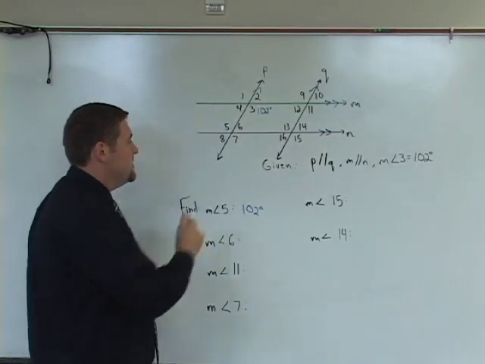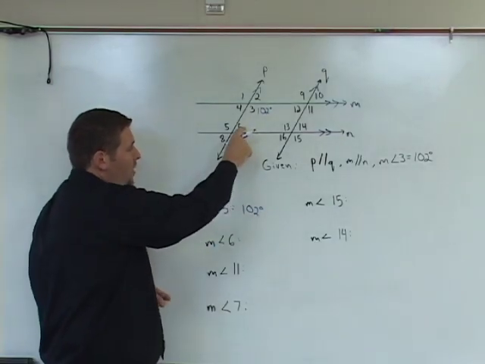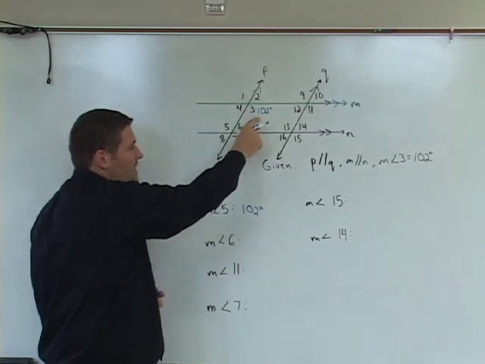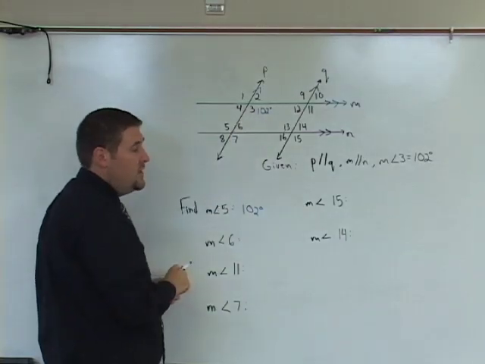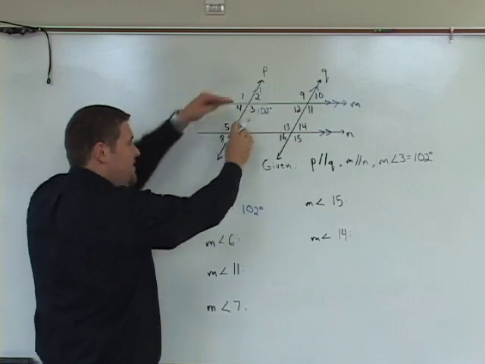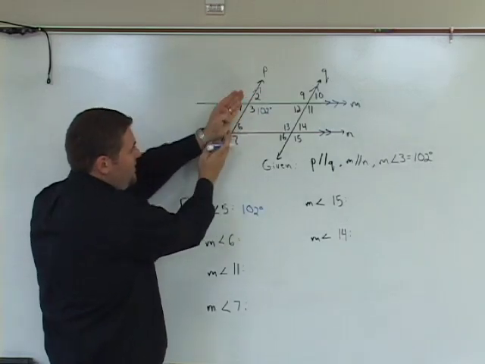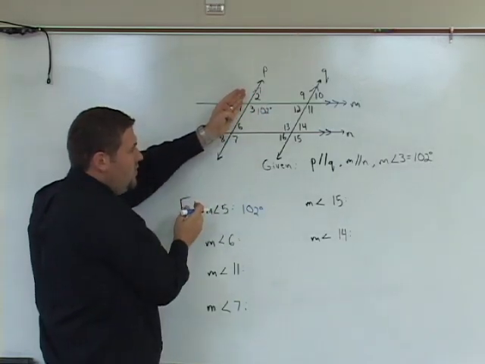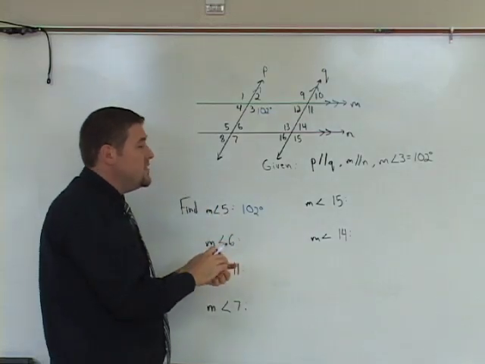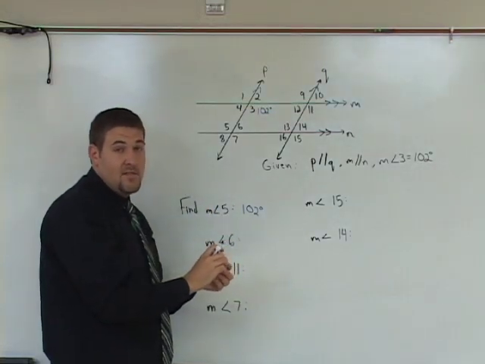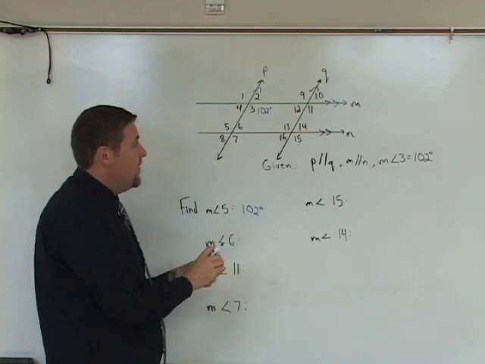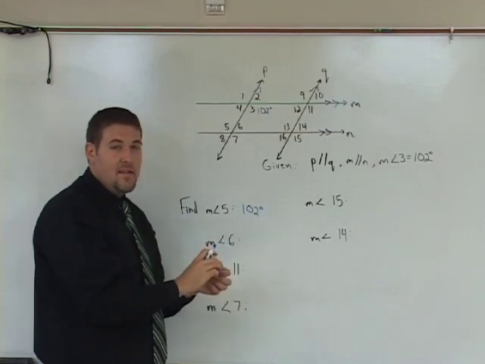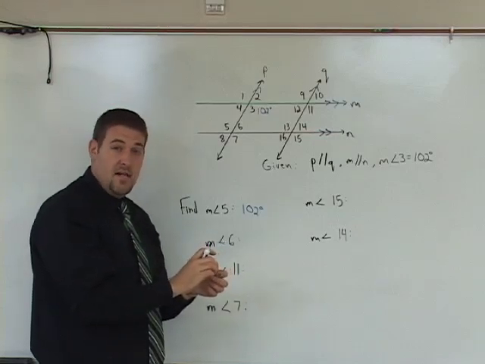For the measure of angle 6, this angle, we can use the same 102 degrees, but identify how 6 and 3 are related. 6 and 3 are both inside of the parallel lines, but on the same side of the transversal. We call those interior angles on the same side of the transversal. And we also know that interior angles on the same side of the transversal are supplementary.